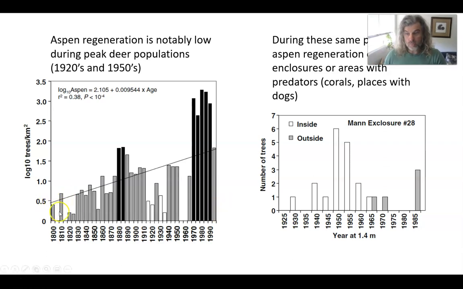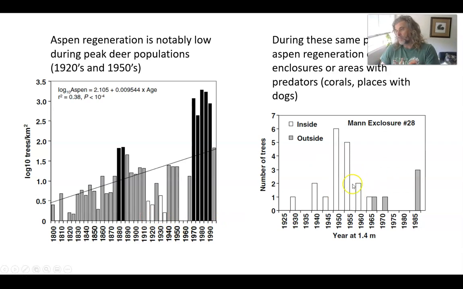Using dendrochronological techniques, that is, looking at the tree rings and patterns of growth, you can figure out how old trees are, within a decade or within 5 years, when a tree germinated and established. And you can see these holes, if you will, in the regeneration of aspen on the plateau. That is a consequence of removing the predators.